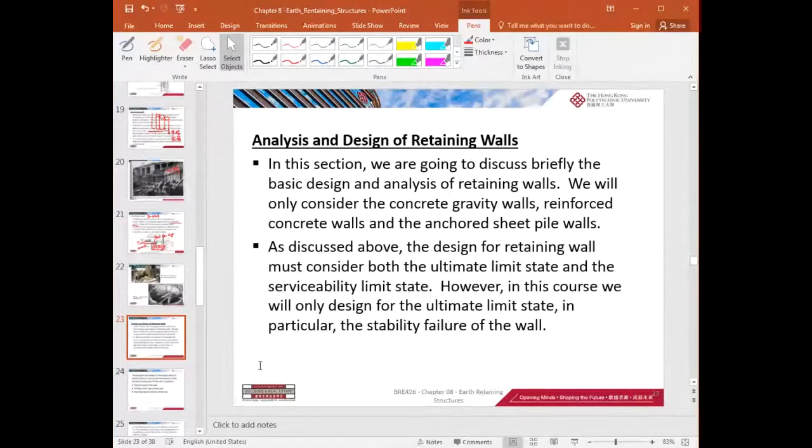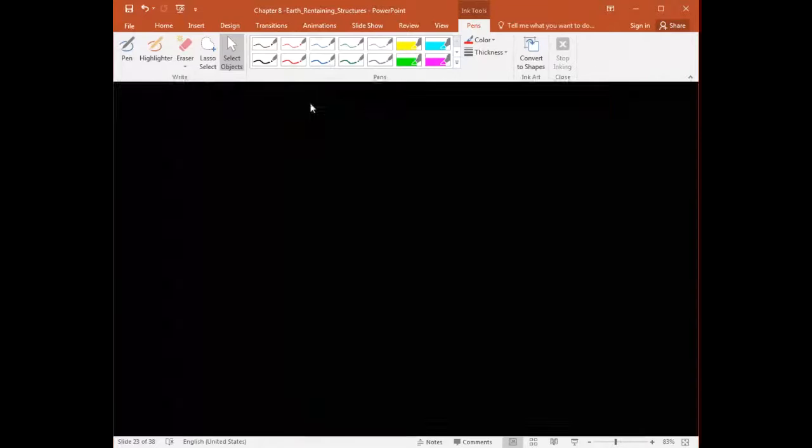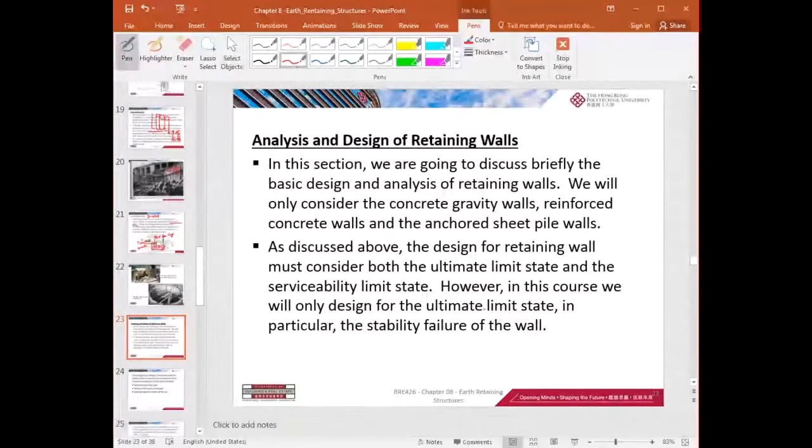Now we come to the more difficult part of this chapter, the analysis and design of retaining wall. Of course, for the design, you have to think about the ULS and the SLS, right?